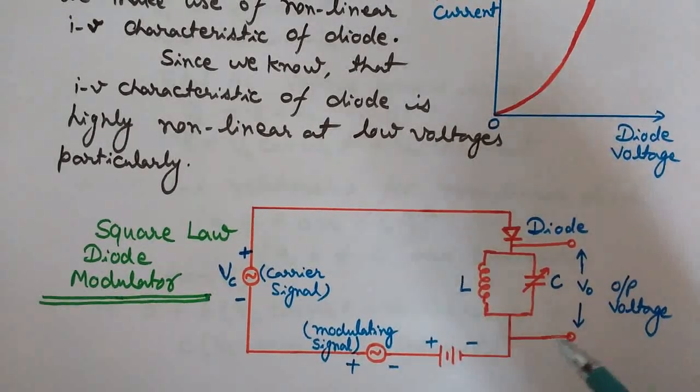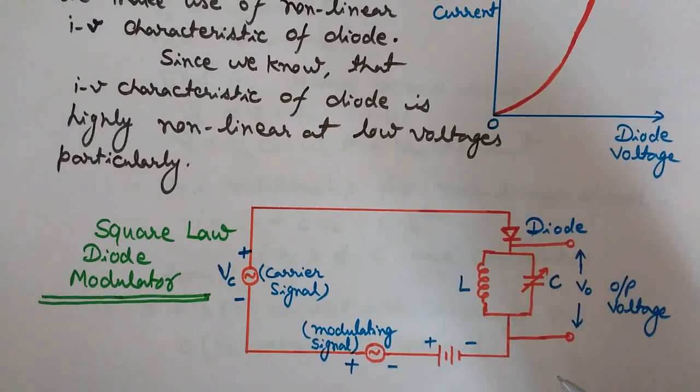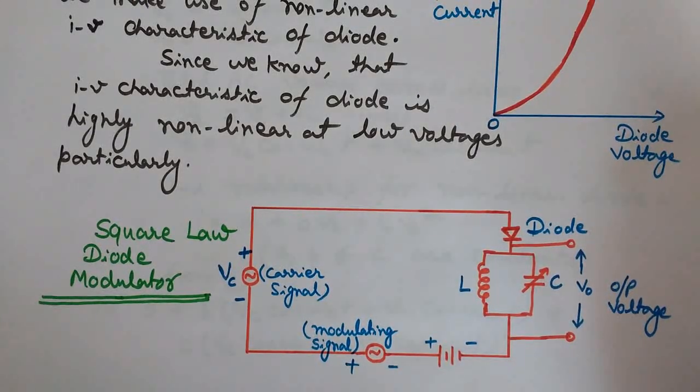So in the output we get the three terms that are desired in amplitude modulation: the carrier frequency part, and the two sidebands, upper and lower sidebands. So in the output voltage we have the amplitude modulated signal. So this is the concept of a square law diode modulator.